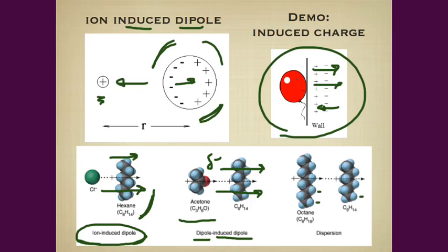These will induce or cause the electrons on the adjoining molecule to shift to the other side of that molecule, and this will create a slight charge or dipole. This kind of interaction is called dispersion because we're sort of dispersing or moving those electrons. It's typically a pretty weak type of intermolecular force.